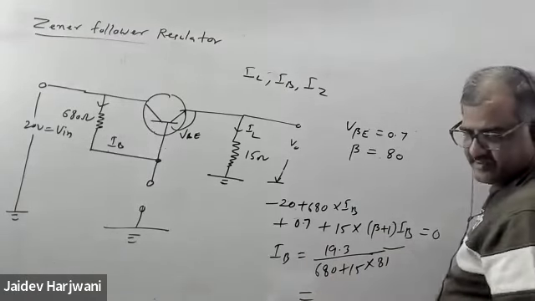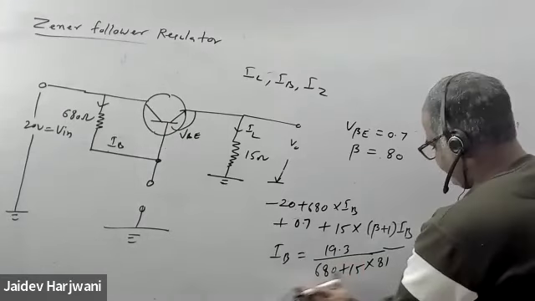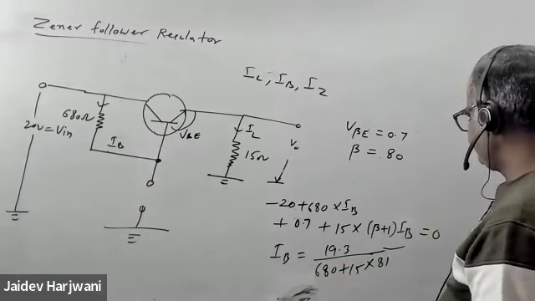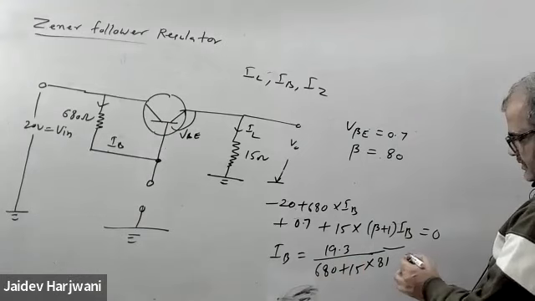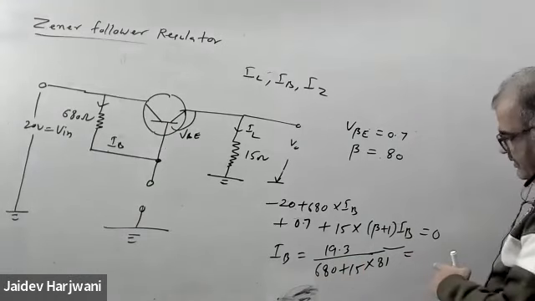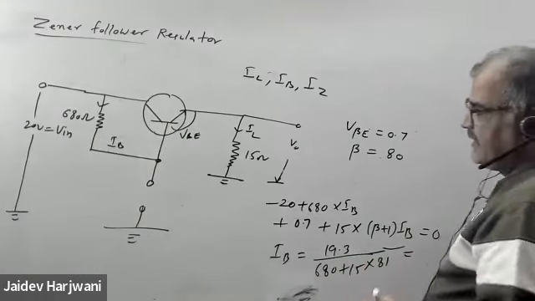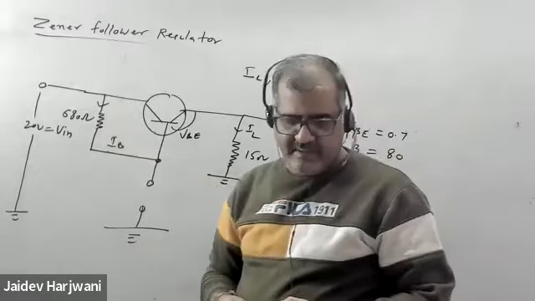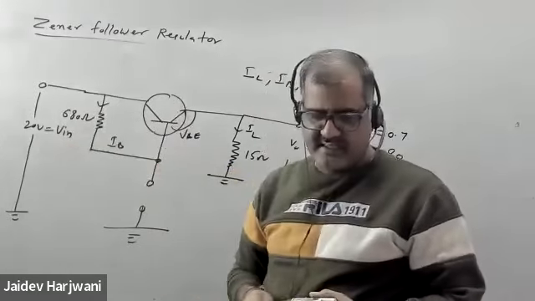Tell me what answer is coming. What is the value of IB? Find the value of IB, and then multiply this by 680 and tell me how much voltage drop is there across this resistor.